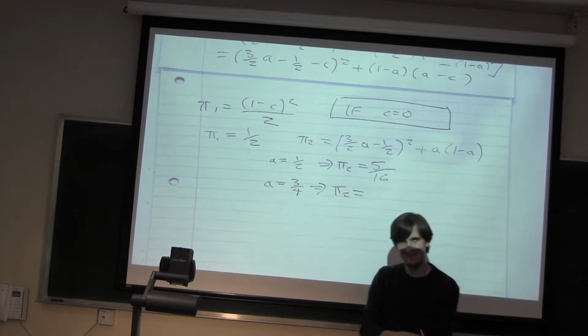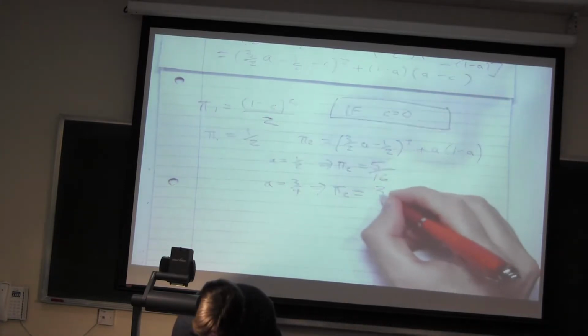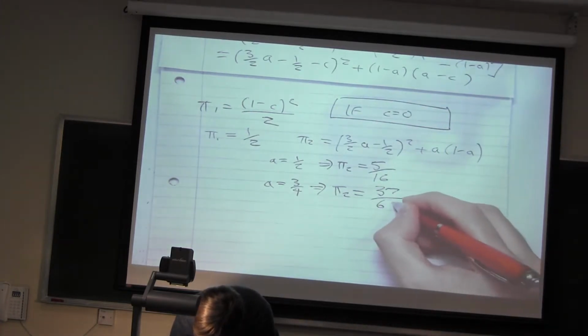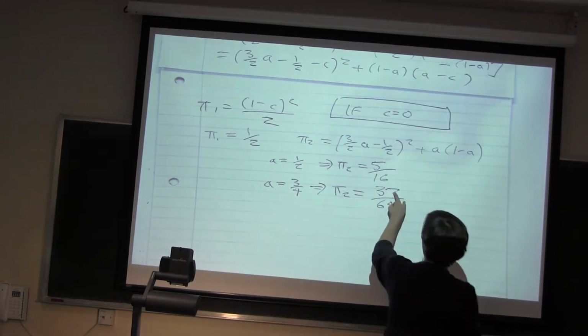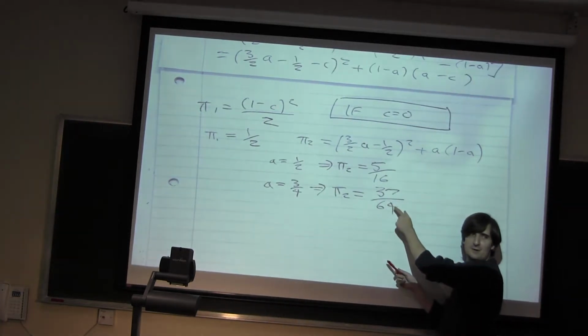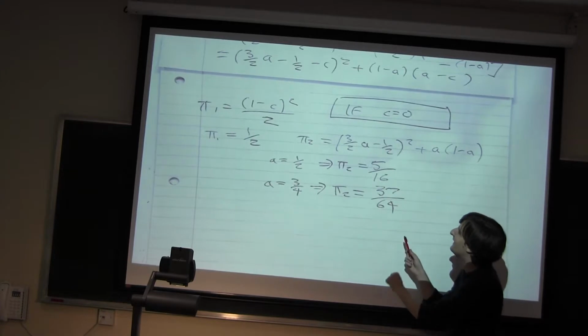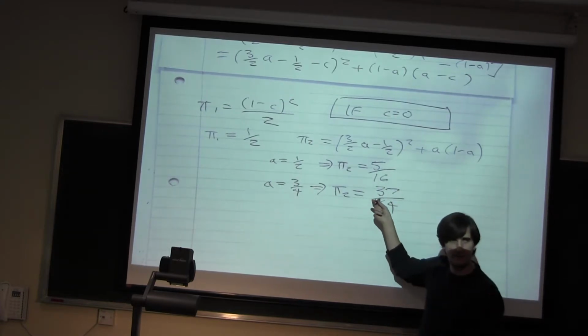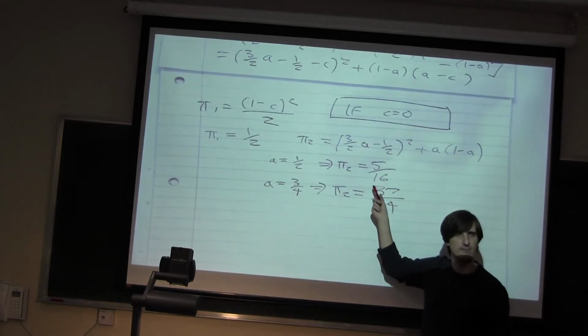So you get 37 over 64. So that's slightly bigger than a half, right? 32 over 64 would be a half. So in this case, we're better off selling in both markets.